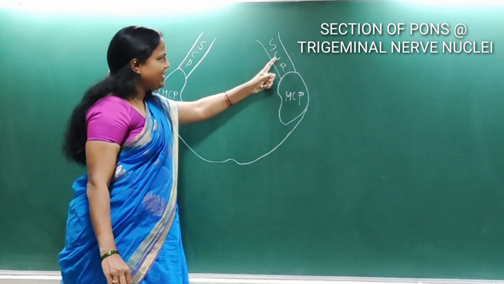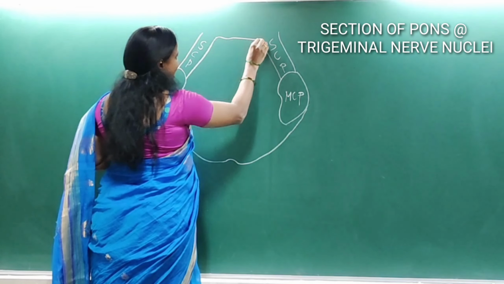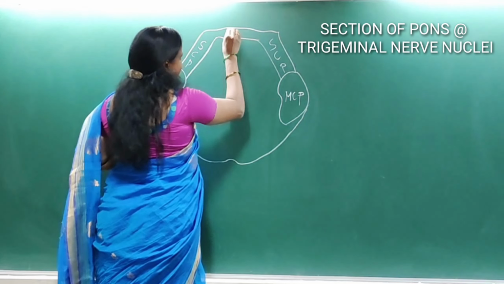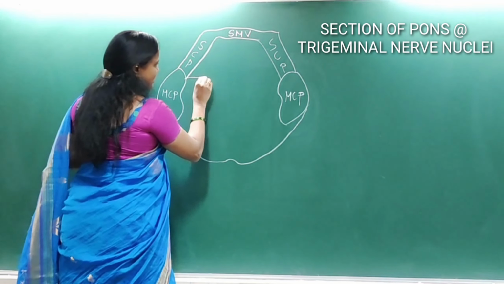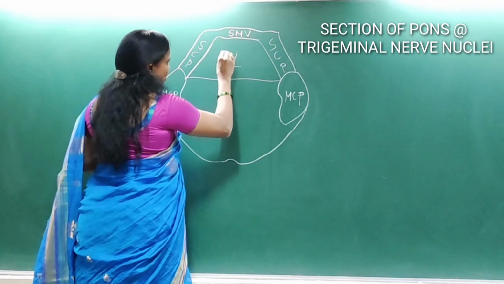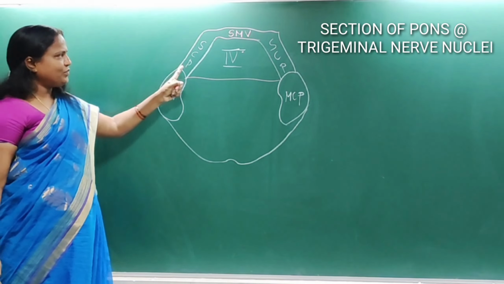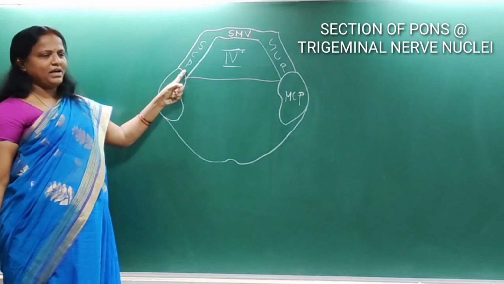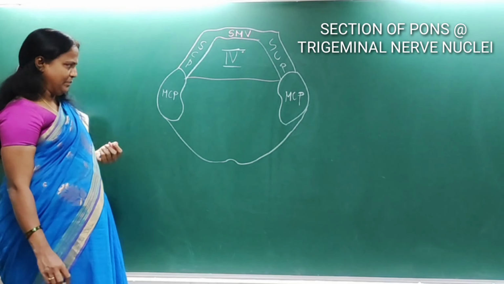The two superior cerebellar peduncles will be joined by means of what is known as the superior medullary velum. This is representing the fourth ventricle. So the cavity of the fourth ventricle, the two superior cerebellar peduncles which are joined by the superior medullary velum.